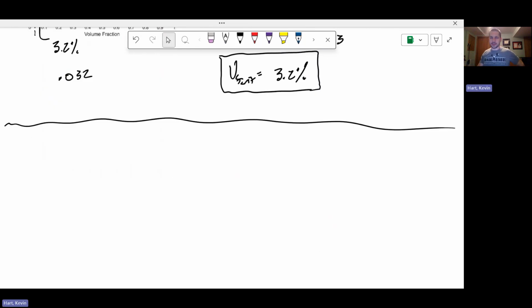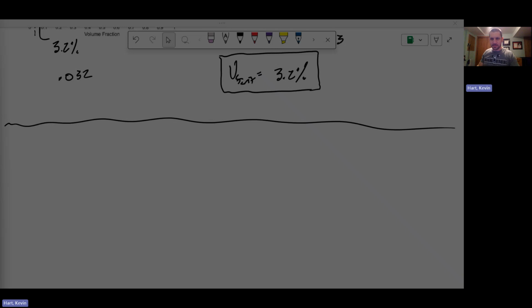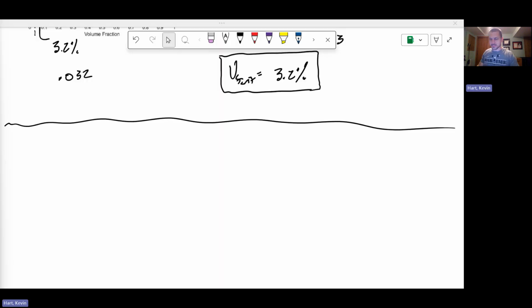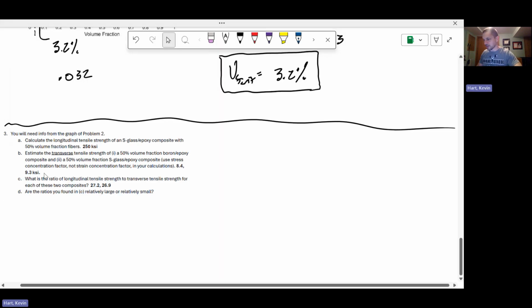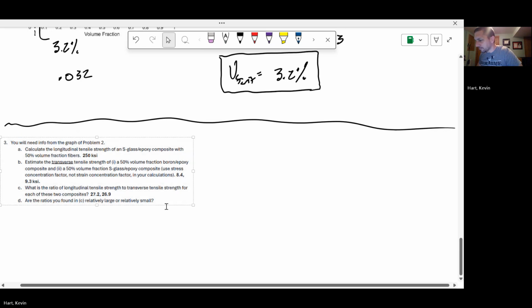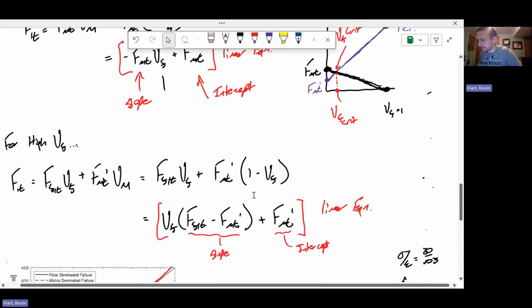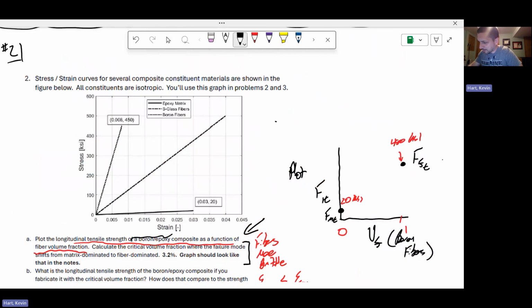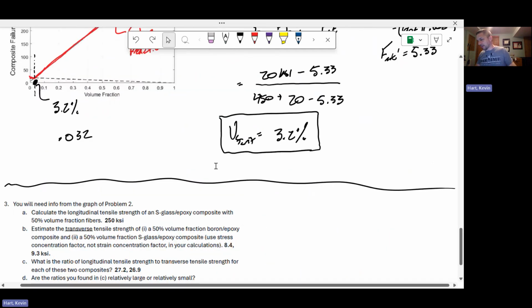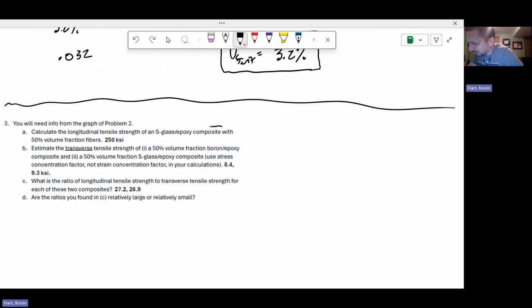Okay, let's continue on, and let's look at problem number 3. This is related to problem number 2, except it just uses different constituents. So instead of a boron epoxy composite, which we had in problem number 2, we're going to do the same thing for an S-glass epoxy composite.